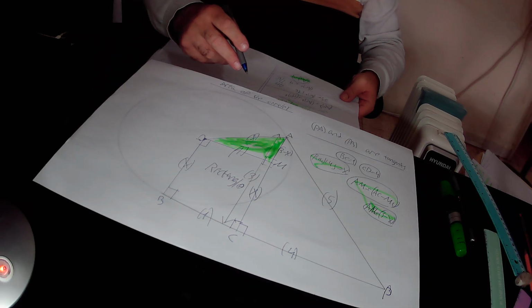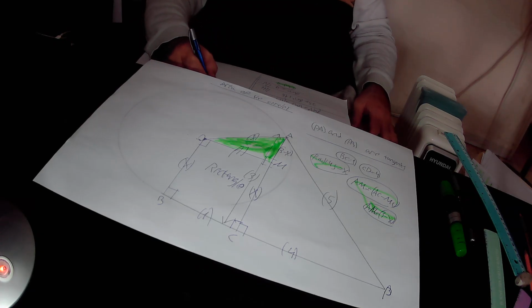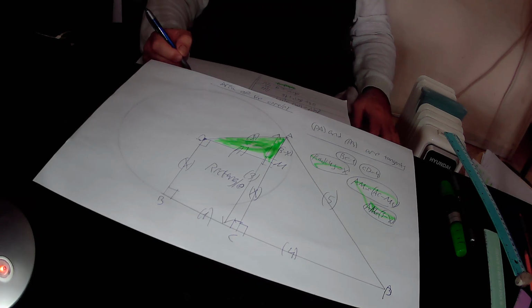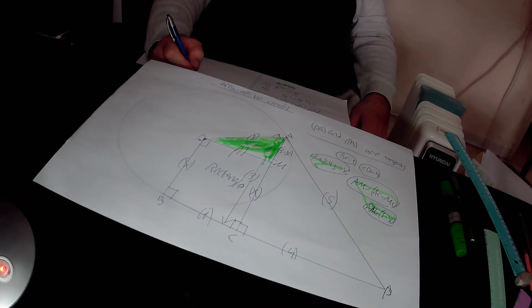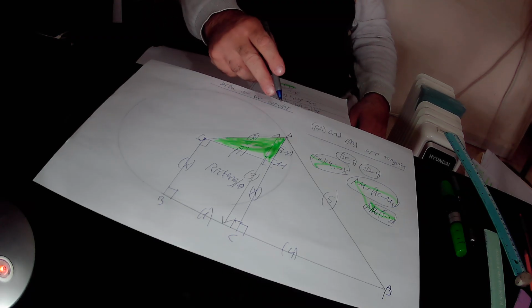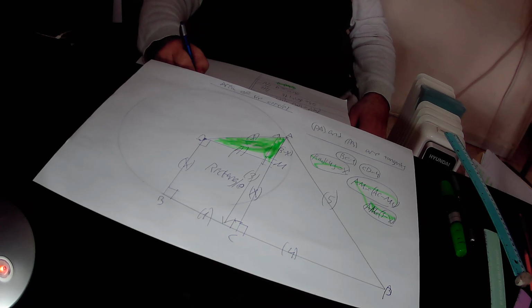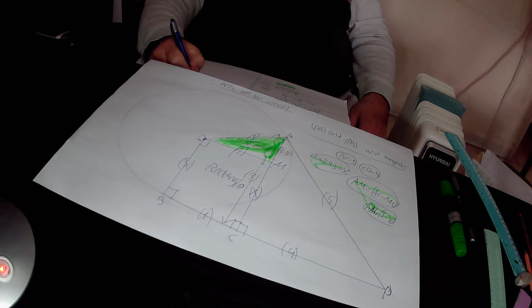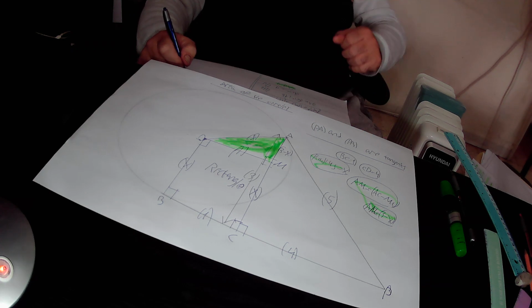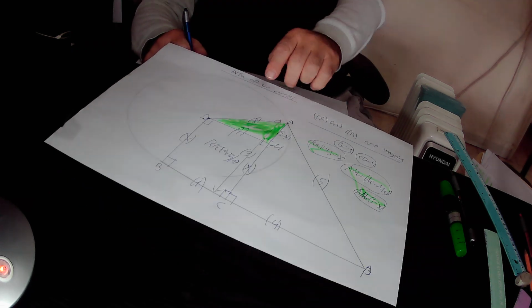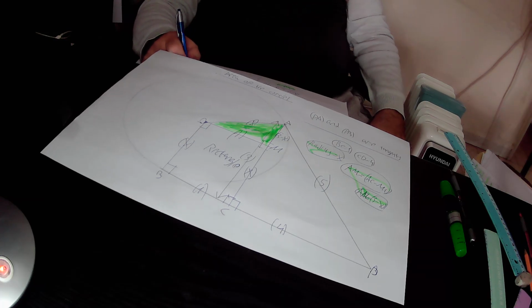AO equals x, therefore AO squared is x squared. AM equals 3 minus x, and therefore AM squared equals (3 minus x) squared. Plus OM squared. OM equals 1, therefore OM squared equals 1 squared, which is 1.